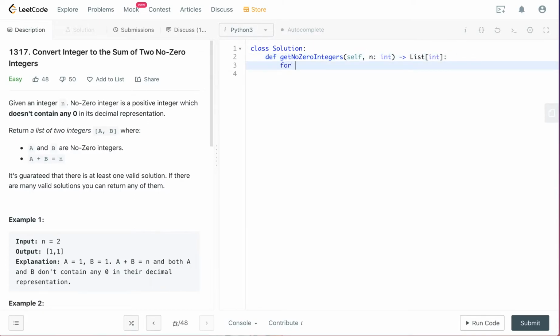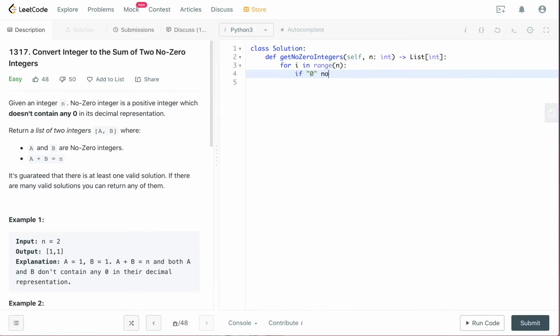So for i in range n, and we are now checking if it's a zero integer or not.